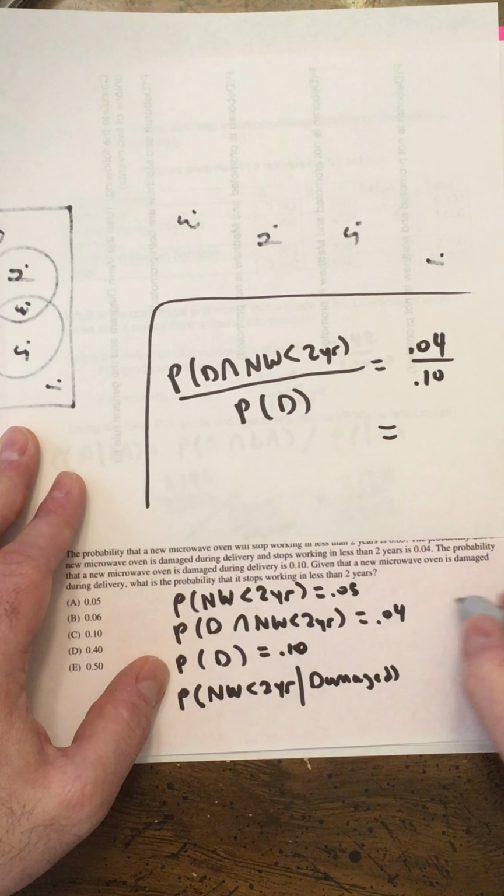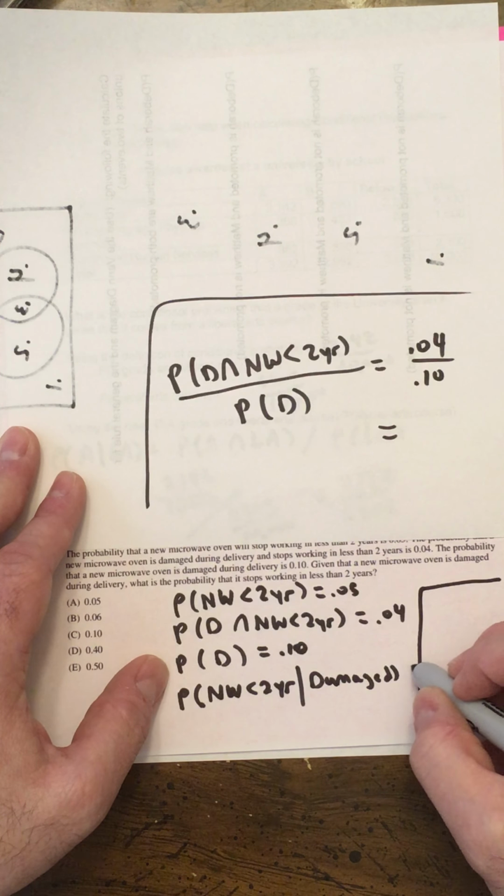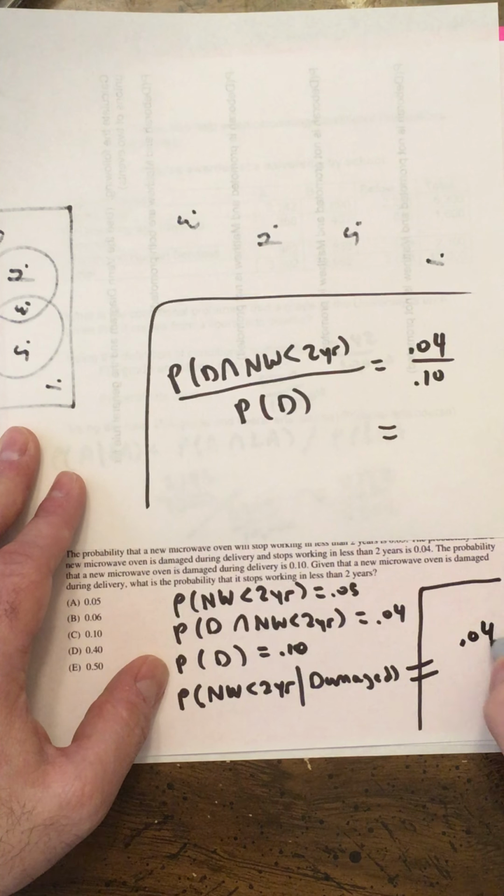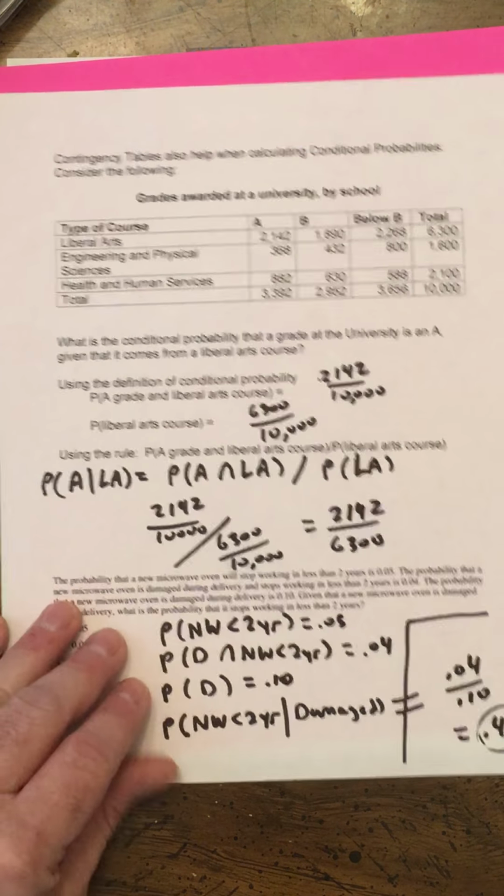So this is equal to 0.04 over 0.10, which is 40%. Okay, so that's how you would solve a conditional probability question.